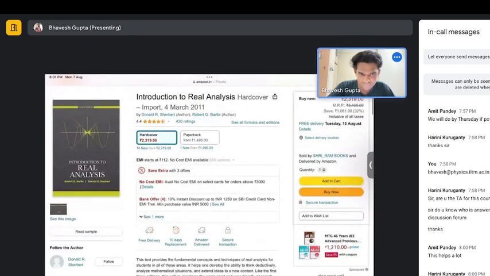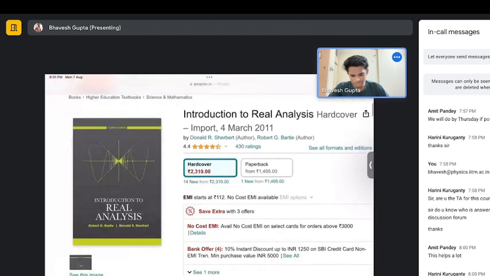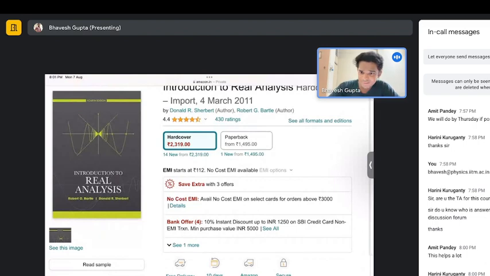When I started studying, I chose this book. My course instructor chose this book. I was in my third year of undergrad, I guess, and I had this course called Real Analysis.